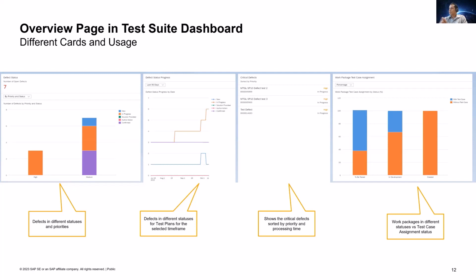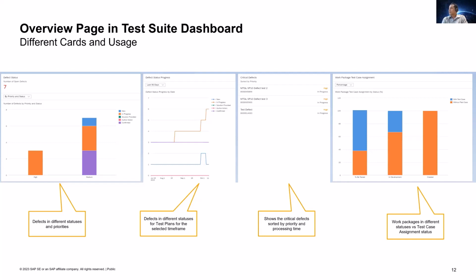So using the critical defects, if there is a defect manager, he always knows what is the priority for him to work on. The work package test assignment card is only available in the test suite dashboard focused build variant, which means we only provide it when you're working with projects.